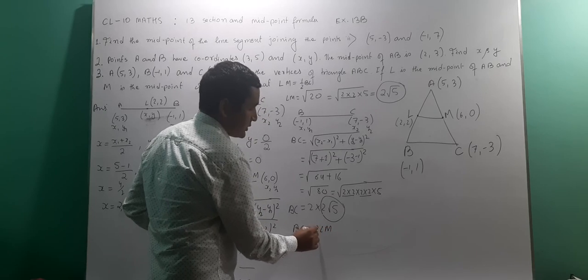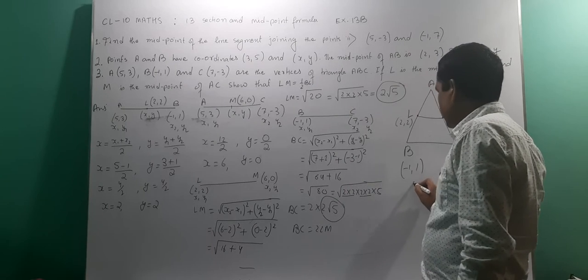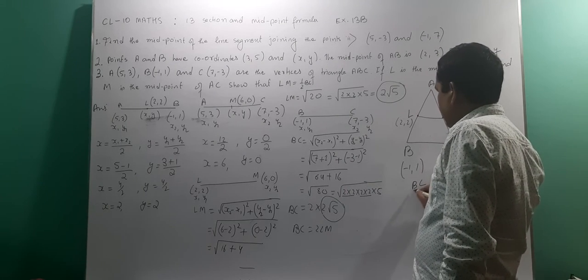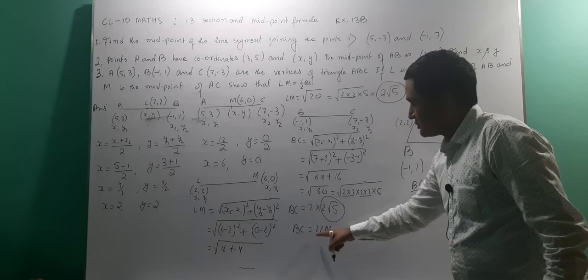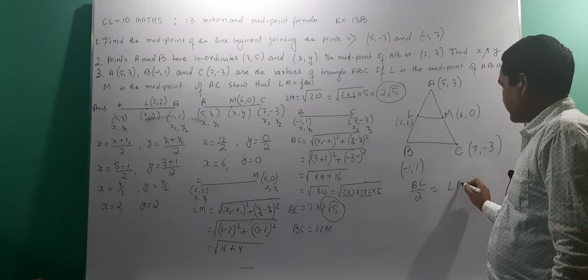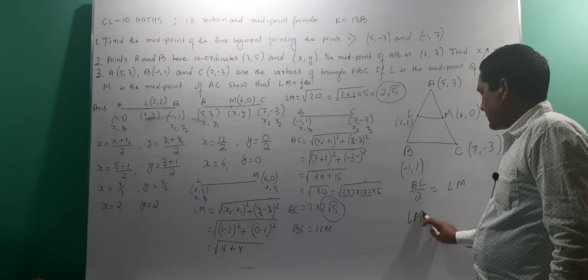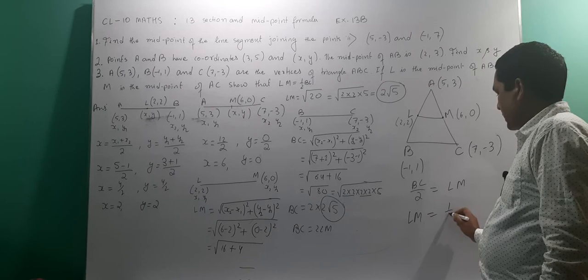Then this multiplying number always goes down, so BC by 2 equals LM, or LM equals half of BC.